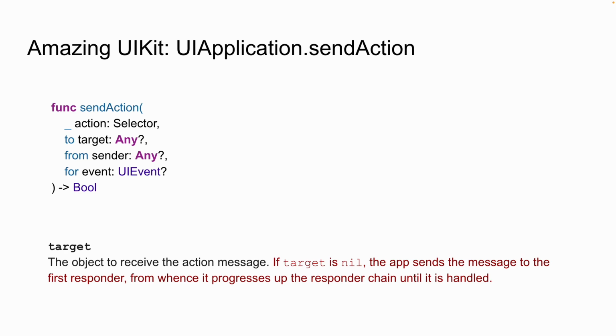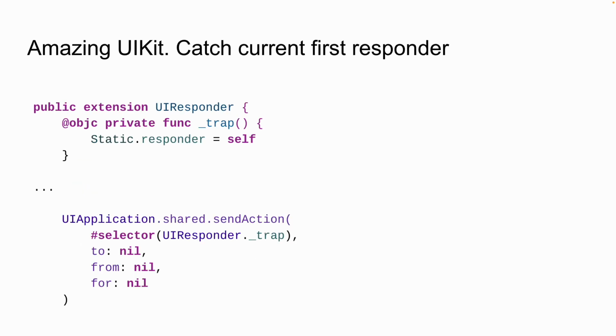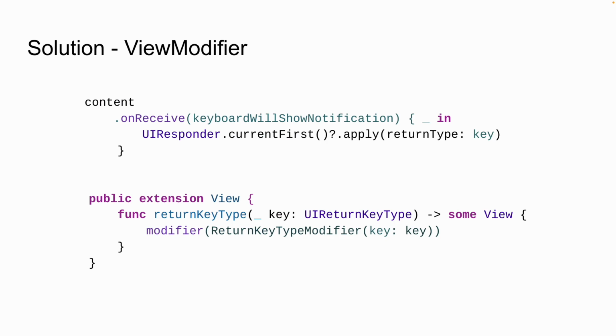We just need to call it, and then it will fire to this first responder, and that's it. And here is some additional magic: we could provide for UIResponder an extension with one more Objective-C method, use it as the selector for this sendAction, and this method will just get this instance of UIResponder, and then we could use it.